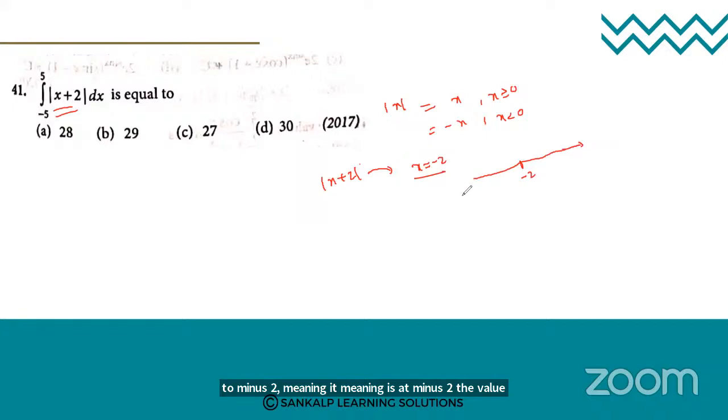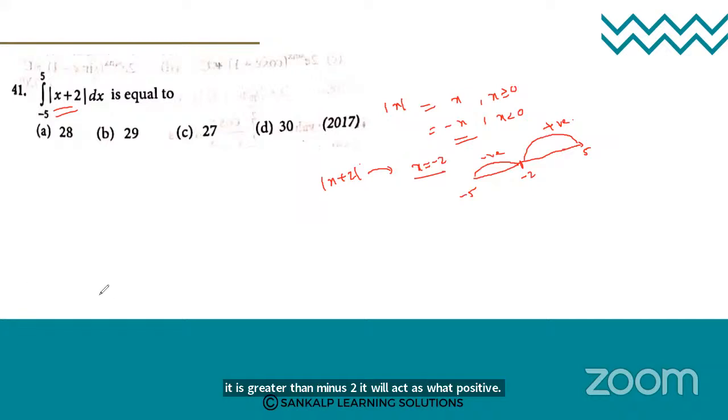So this interval minus 5 to 5 we can split. In the part where x is less than minus 2, it will act as negative, and when x is greater than minus 2, it will act as positive. So here we get the negative value, and here we get the positive value.